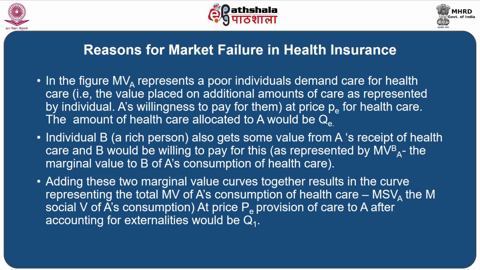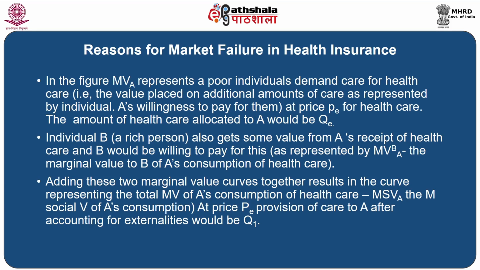Individual B, a rich person, also gets some value from A's receipt of healthcare and B would be willing to pay for this as represented by MVAB, that is the marginal value to B of A's consumption of healthcare.